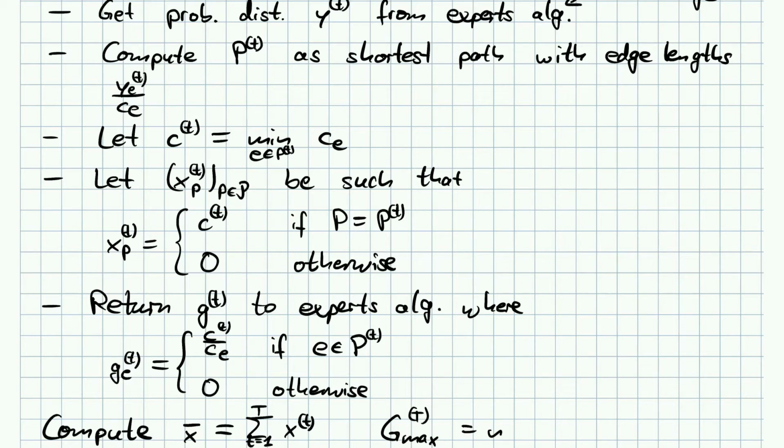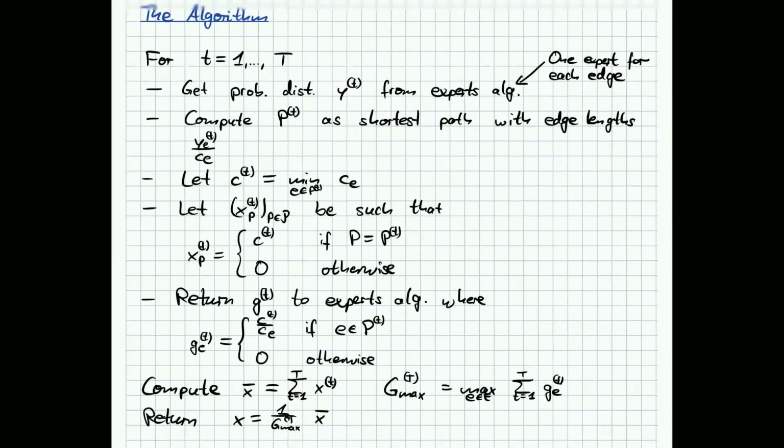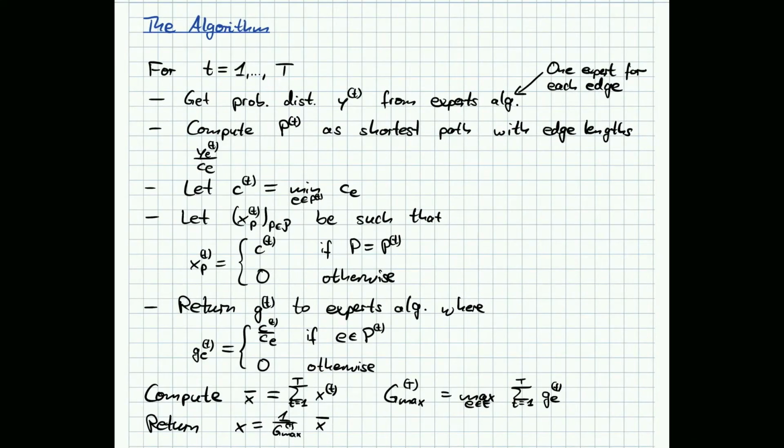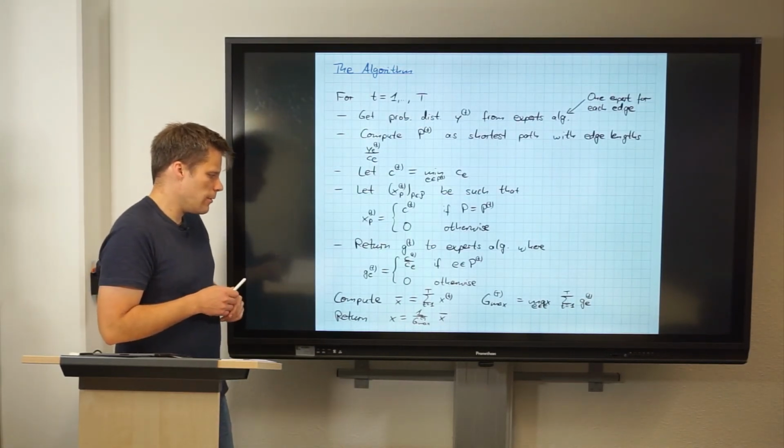What we'll also do is compute the maximum gain, so taking the maximum over all edges of the gain of this edge, and then we'll return as our flow 1 over the maximum gain times x bar.